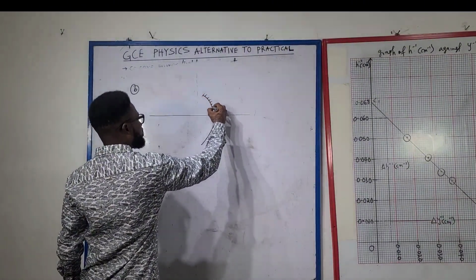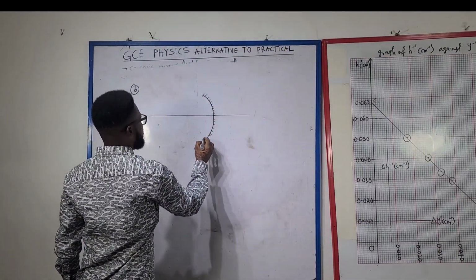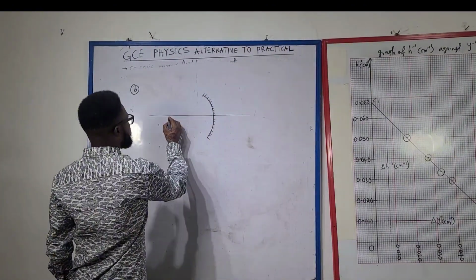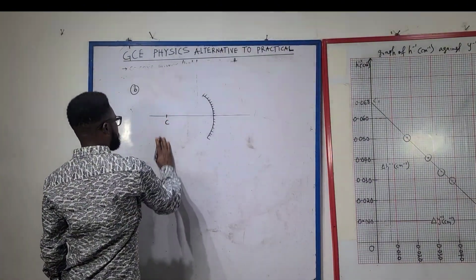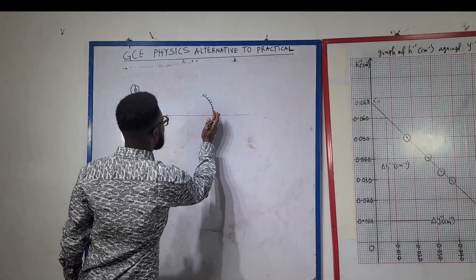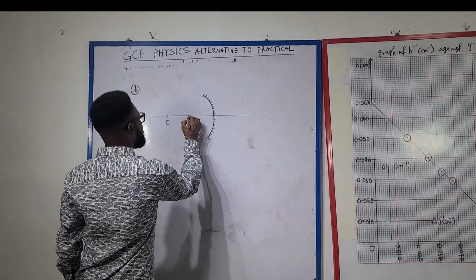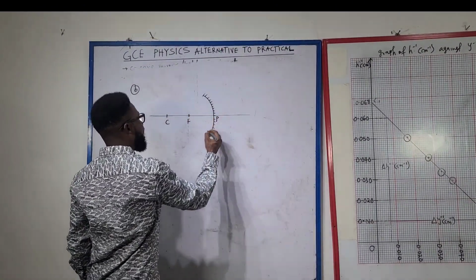Let this represent my mirror, so that this is my center of curvature, and from here to here, let this be my focus, and let this be my principal axis.